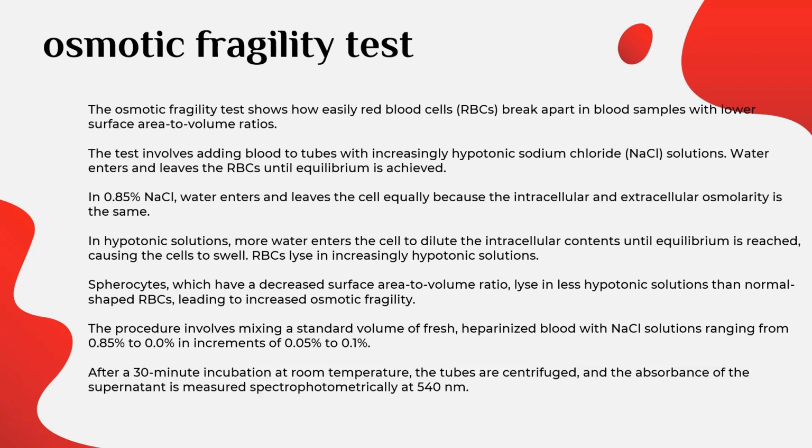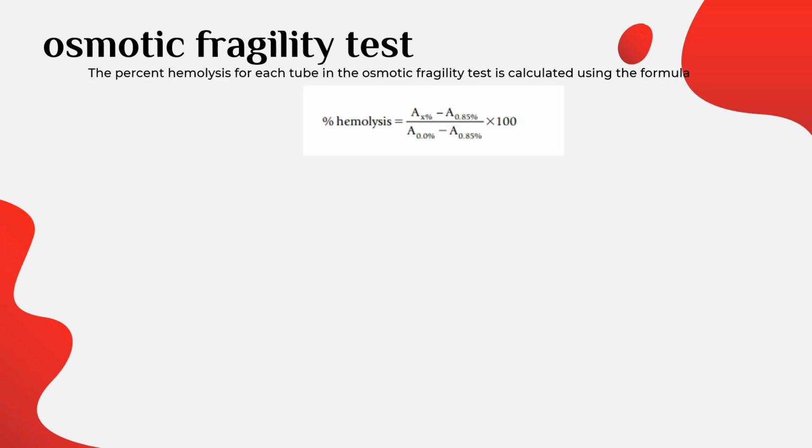After a 30-minute incubation at room temperature, the tubes are centrifuged, and the absorbance of the supernatant is measured spectrophotometrically at 540 nanometers. The percent hemolysis for each tube in the osmotic fragility test is calculated using this formula.